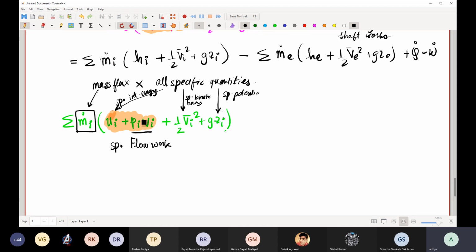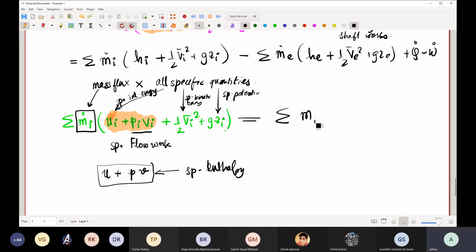So the combination of specific internal energy U plus specific flow work, that is PV, gives rise to specific enthalpy. And therefore this expression can be written as summation m_i dot (h_i plus half V_i squared plus g z_i).